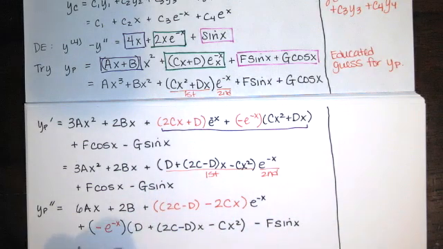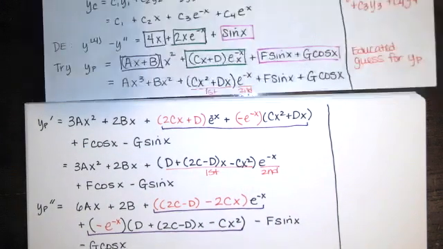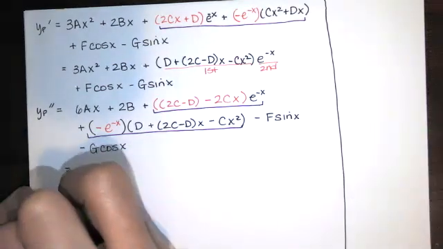Derivative of sine of x is cosine of x. And again, we want to take these two pieces, I'm going to put them together. I'm going to write that as a single term.